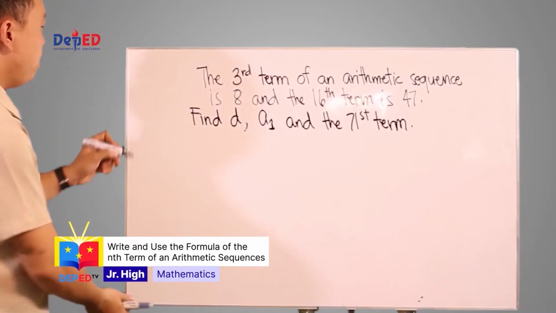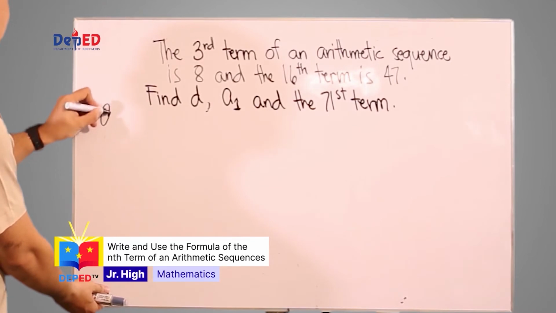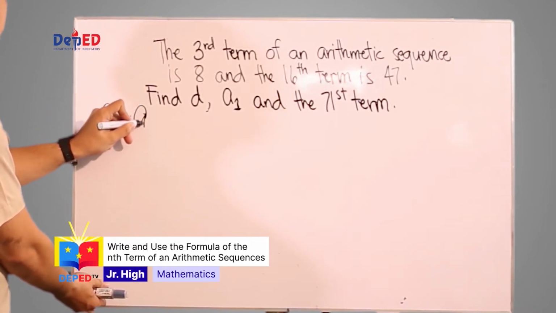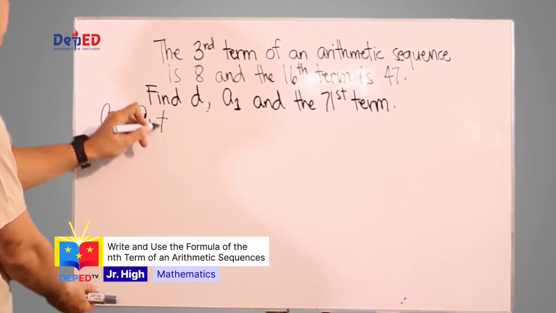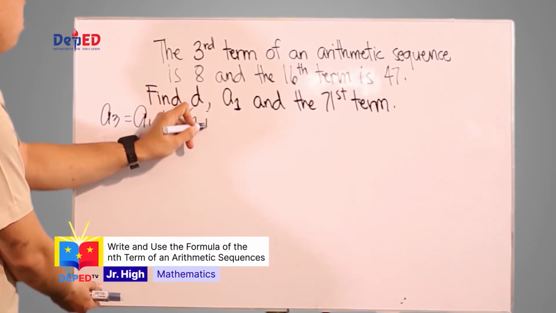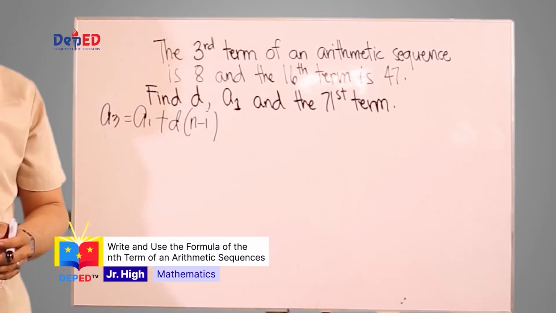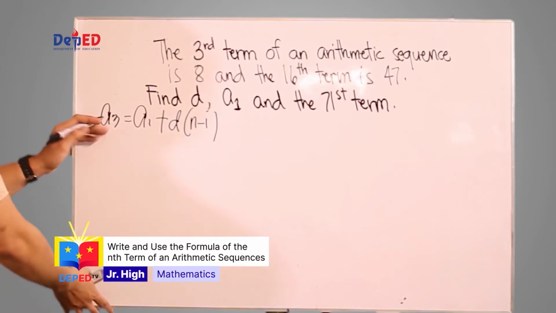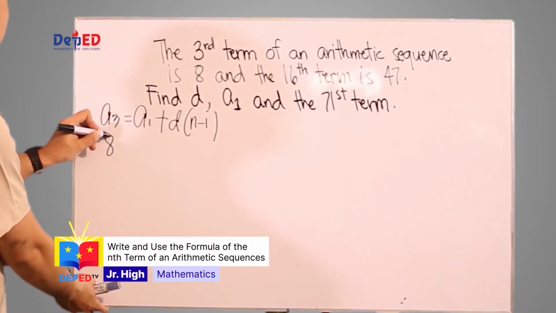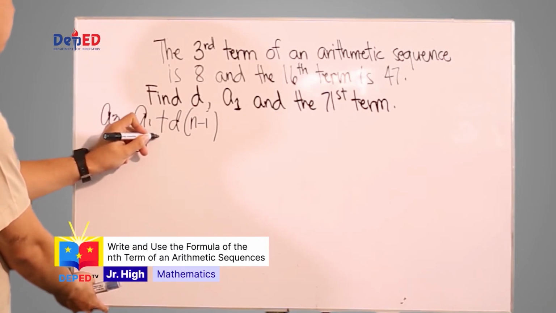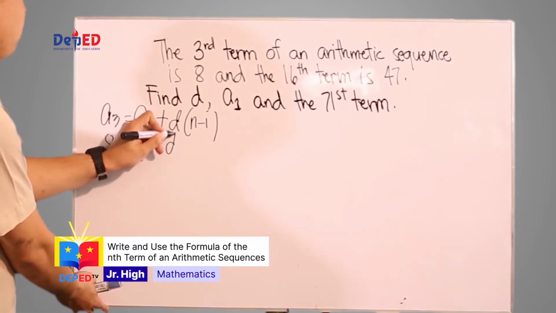So that will be a sub 3 is equal to a sub 1 plus the difference times n minus 1. Next, using the value of a sub 3, we will use 8 is equal to a sub 1 plus d.